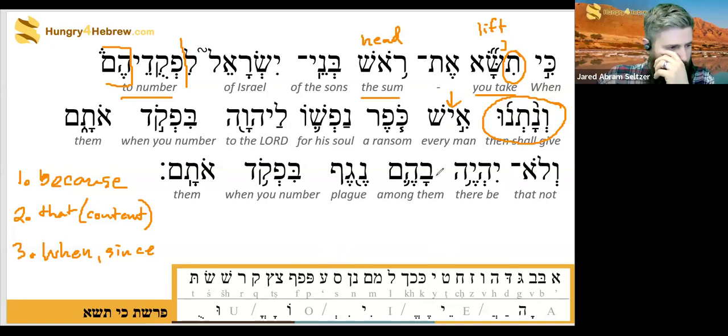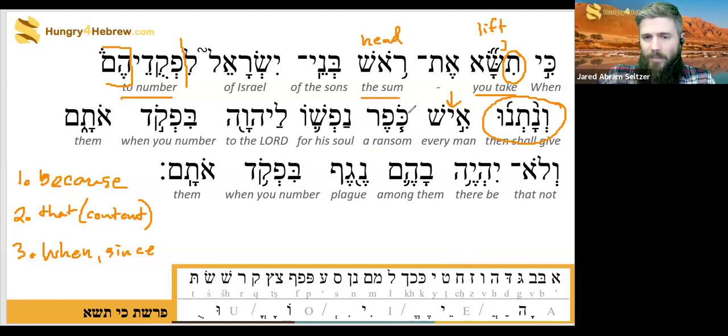Kofer is the same root as Yom Kippur, to cover or atone. And it's the same verb that's used when Noah was putting the pitch onto the ark, to cover it, to seal it. So this is a cover of some kind, which is translated here as a ransom.